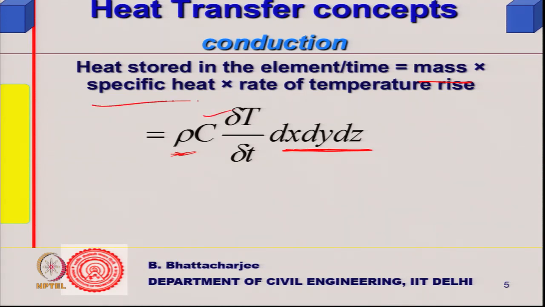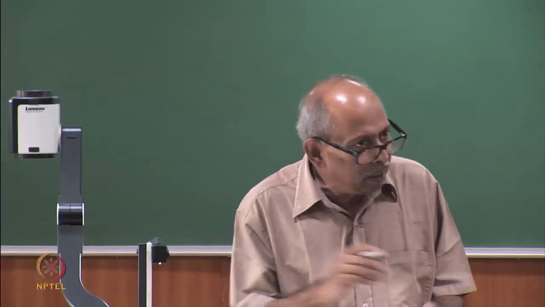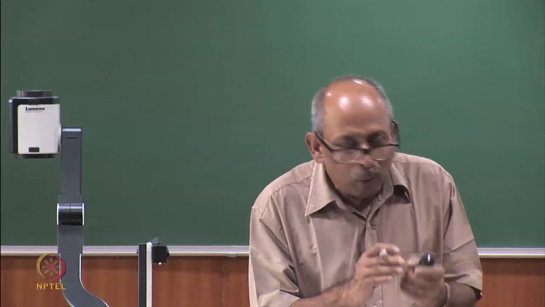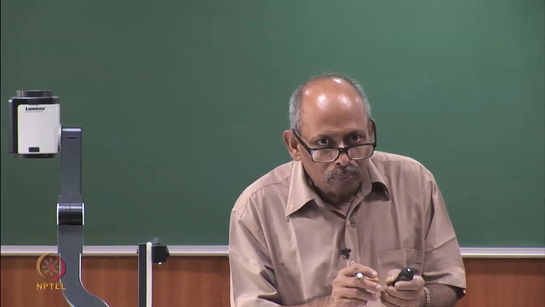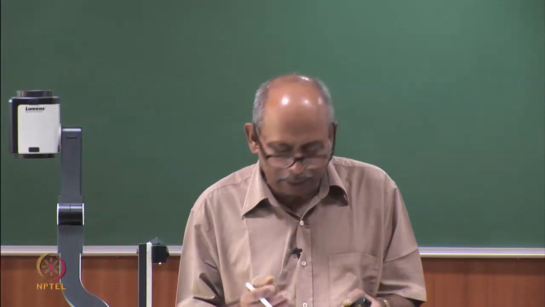C is the specific heat, as we defined a little bit earlier, and the rate of temperature rise is del T by del t, because per unit time, that is how much the temperature rises. That is what I said, the heat flow per unit time was dq. I did it for unit time, the flux was watt per meter square per second.